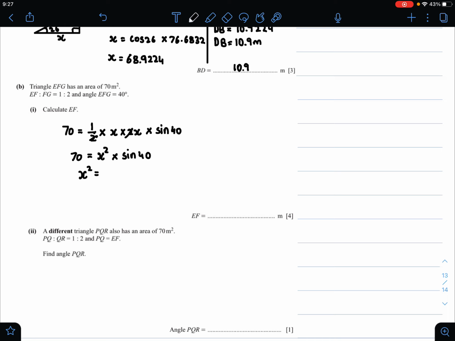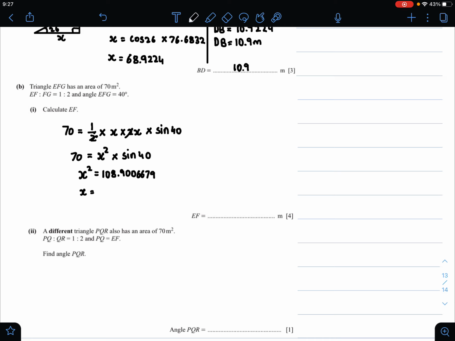So sine 40 is equal to 0.6427, and 70 divided by that will be equal to 108.9006679. And now to find x, we need to take the square root of this answer. So we will get root of 108.9, which is equal to 10.4355.